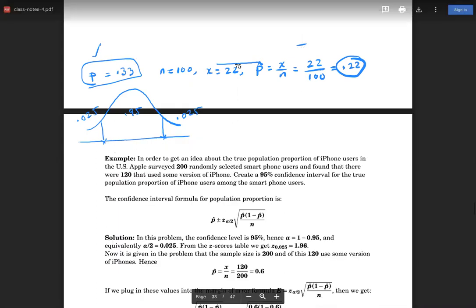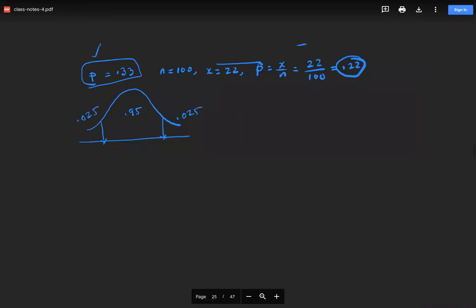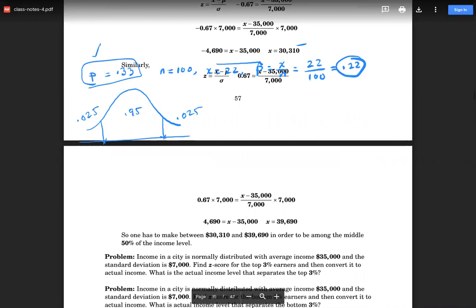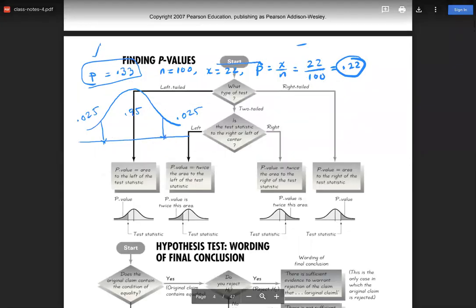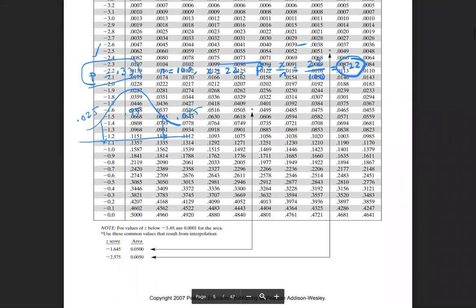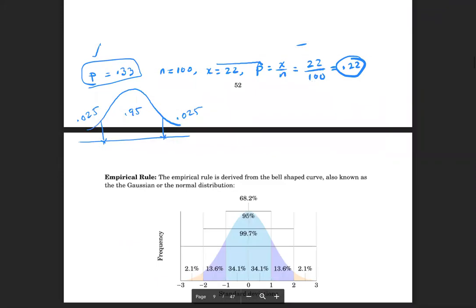Let me just quickly double check. I've got negative 1.96. Oh, negative 1.96. Okay. So for the 10% it's 1.645. Great. Thank you. Yeah, negative 1.96.